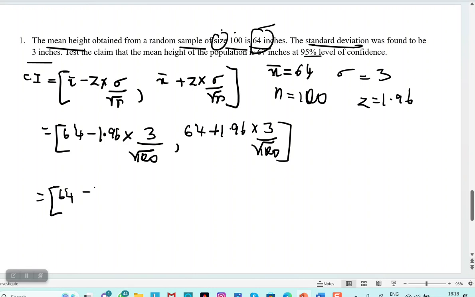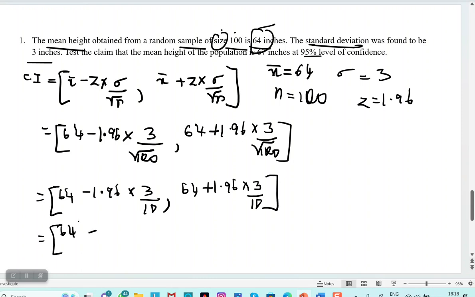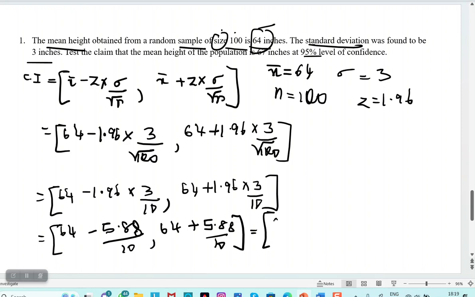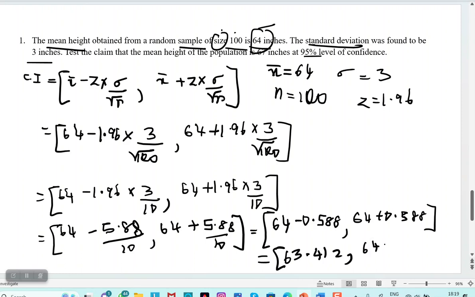We get 64 minus 1.96 into 3 by 10, and 64 plus 1.96 into 3 by 10. 1.96 multiplied by 3 is 5.88. 5.88 upon 10 is 0.588. So 64 minus 0.588 is 63.412, and 64 plus 0.588 is 64.588.